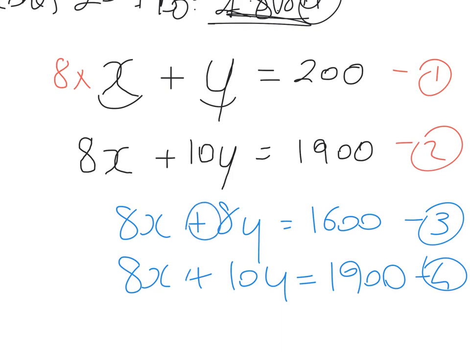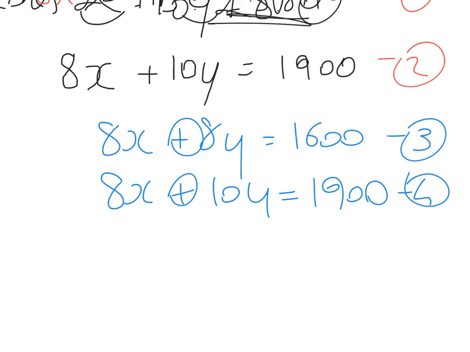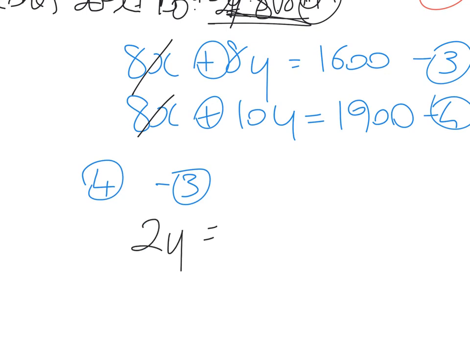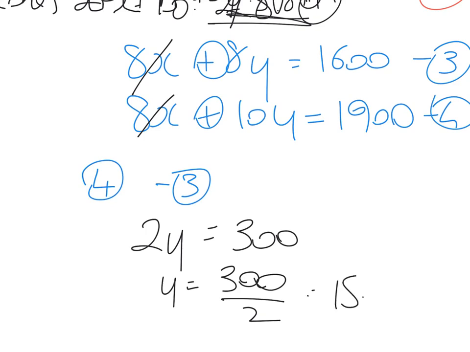The signs are the same, so I'm going to subtract. This time I'm going to do equation 4 minus equation 3. So 8x take 8x goes, becomes 0, 10y take 8y is 2y, 1900 take away 1600 is 300, y is equal to 300 over 2, and y is equal to 150.